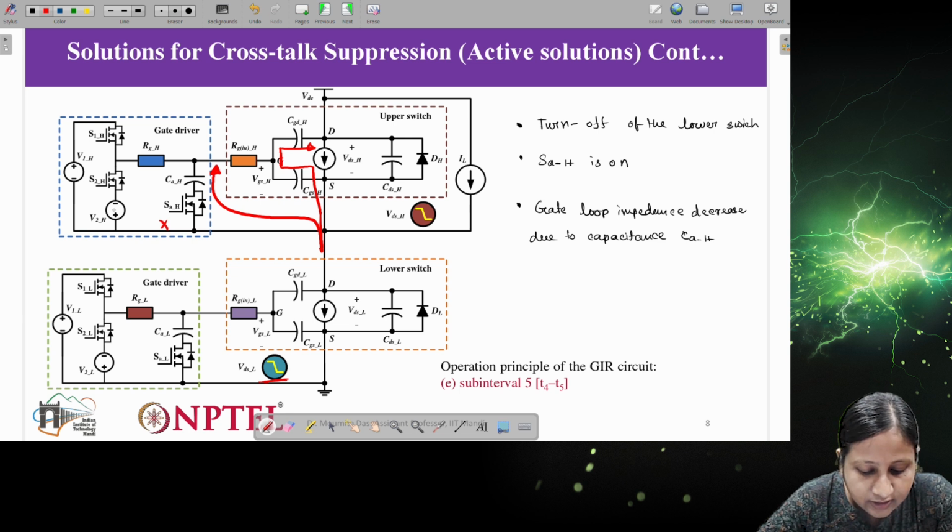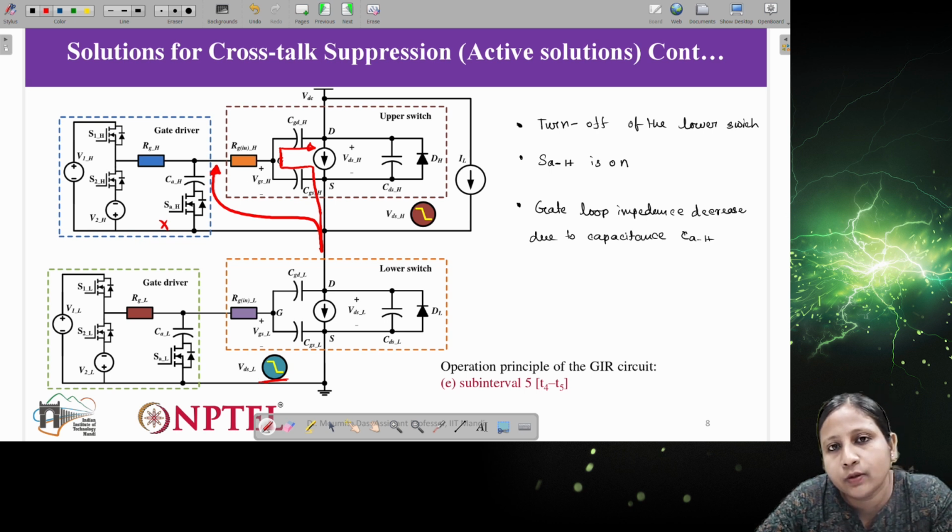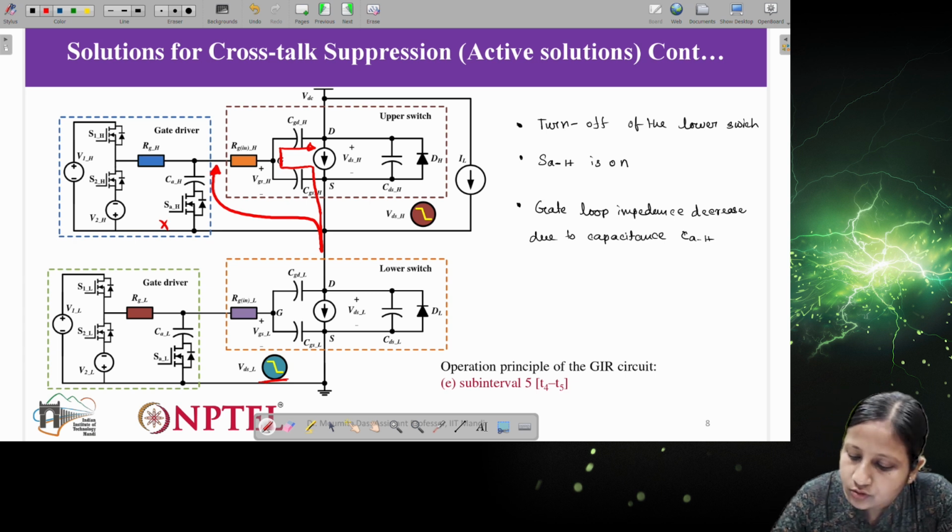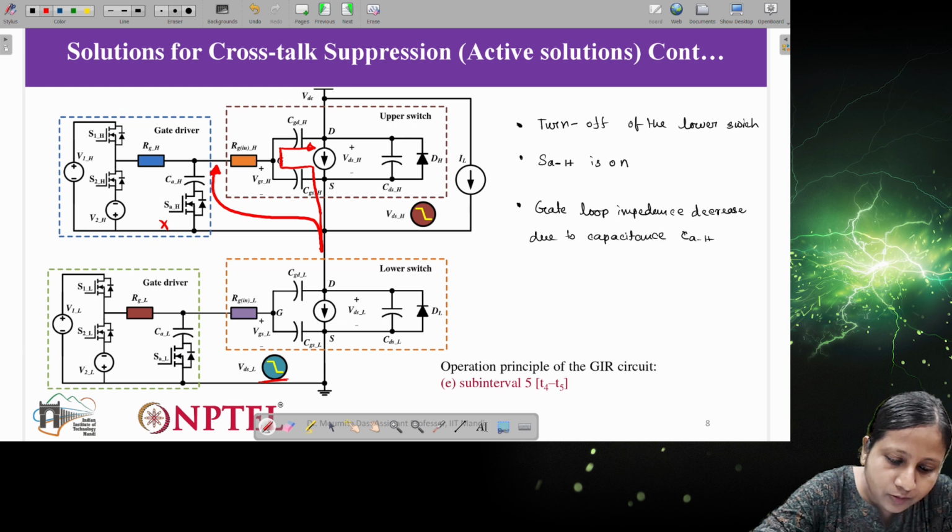So the current in the gate driver, basically C to H, will not be impacted. Only through the low impedance path will the current flow, and it will not affect the lower voltage level of the upper switch. So it will also be protected during the turn off condition.